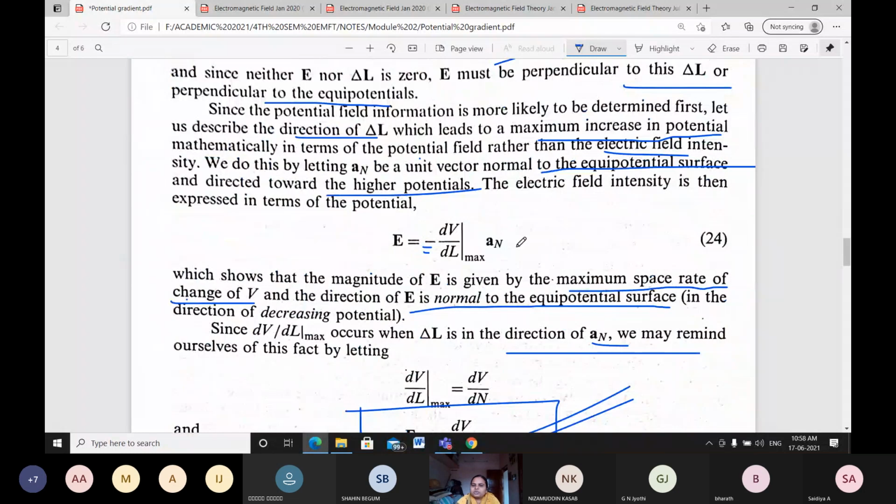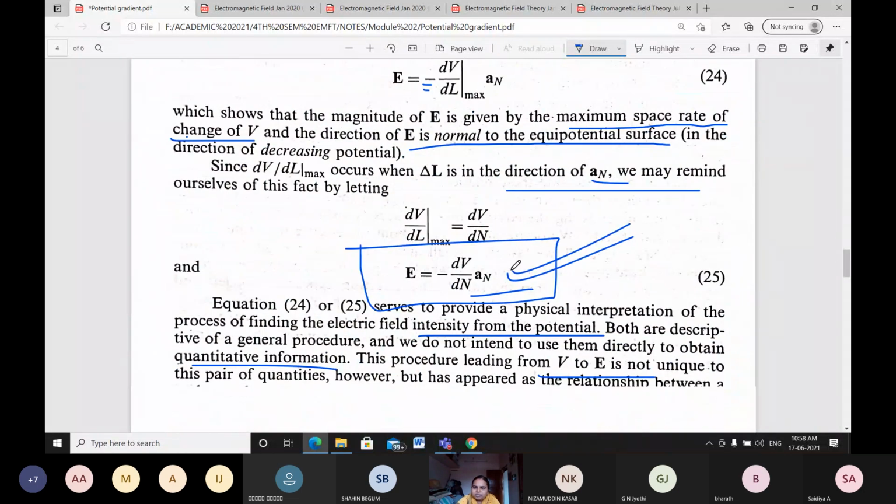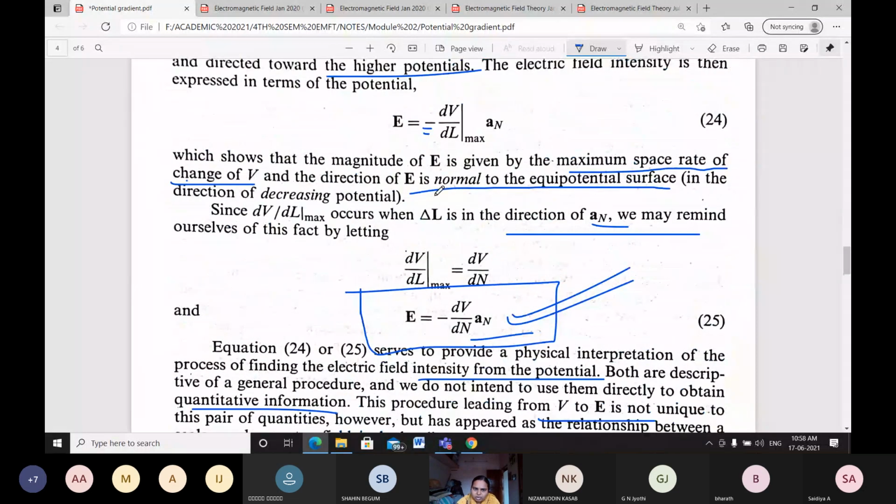E is equal to minus dV by dl maximum an, that's enough. Since it changes in the normal direction, instead of dV by dl I can write dV by dn, with n normal to the surface. That is what is taken for the equipotential surface.